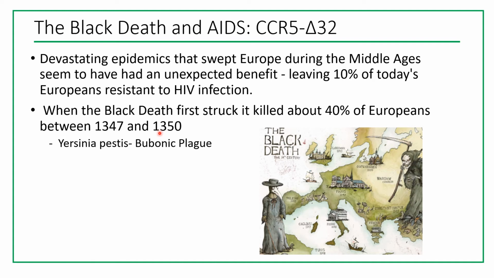So at that time, some people survived, possibly because they had this mutation, and now the same mutation protects them from the HIV virus. But again, we don't know for sure yet. It's just an interesting case to do research on. But that's how mutations can change human populations.